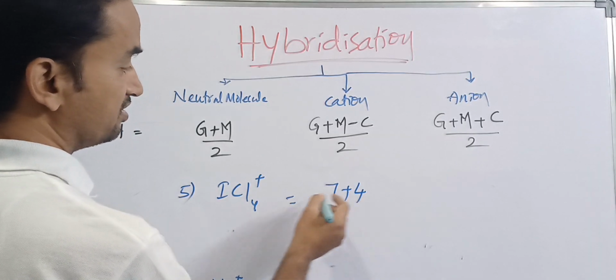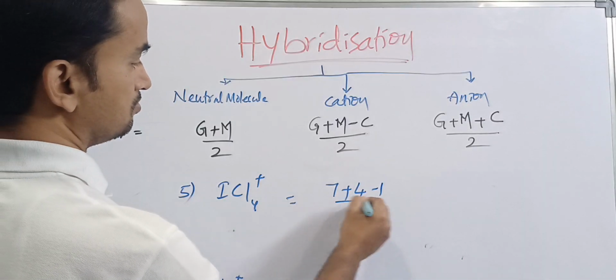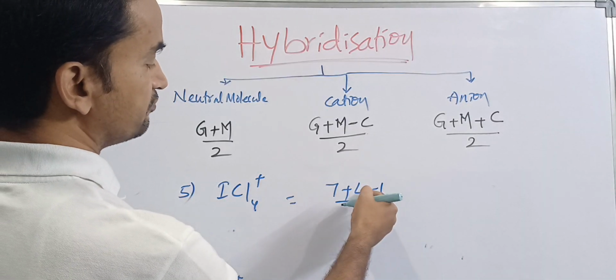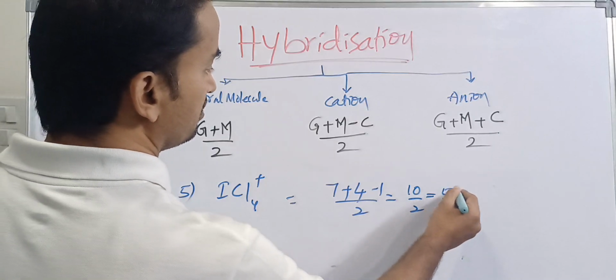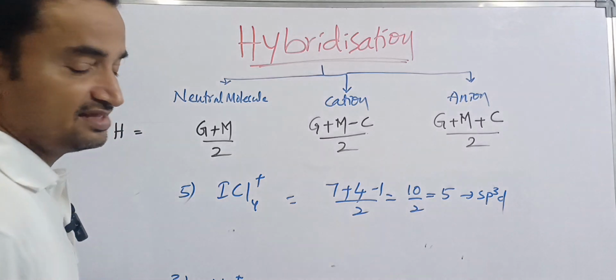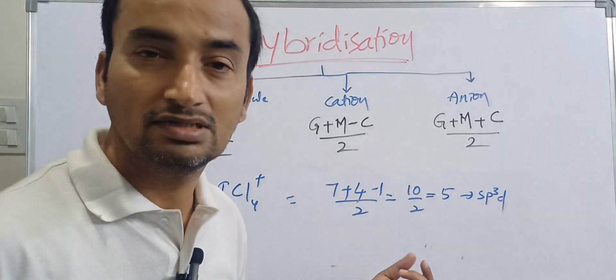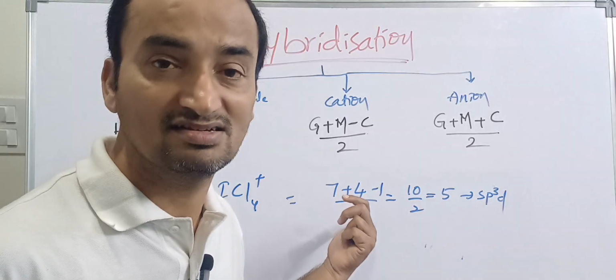How many are there? 4 are there. Minus the charge. So 7 plus 4, 11, minus 1, that is 10 divided by 2. So you'll be getting 5. 5 means sp3d hybridization. So like this we are going to find out, within seconds, the hybridization of the cations also.